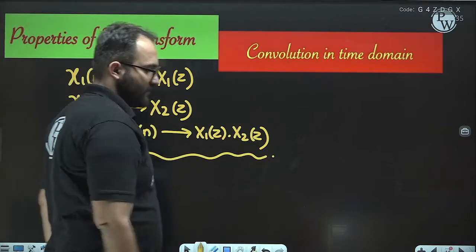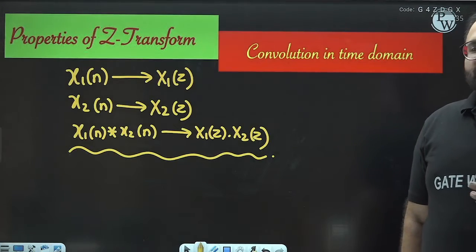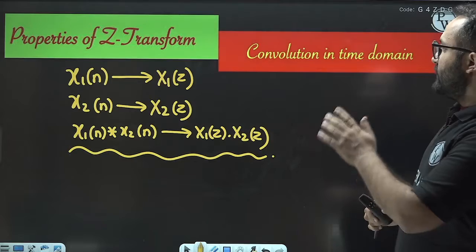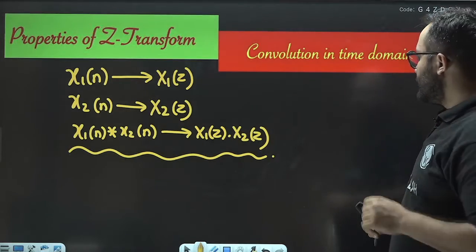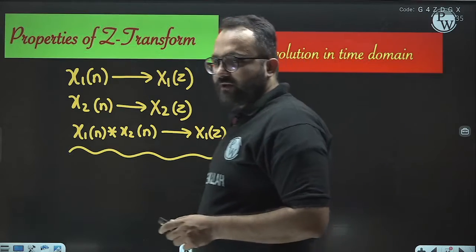This property is used in system analysis also. It is a very important property: convolution in time domain leads to multiplication in the Z domain.